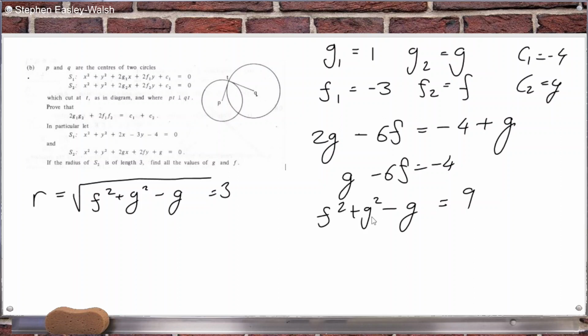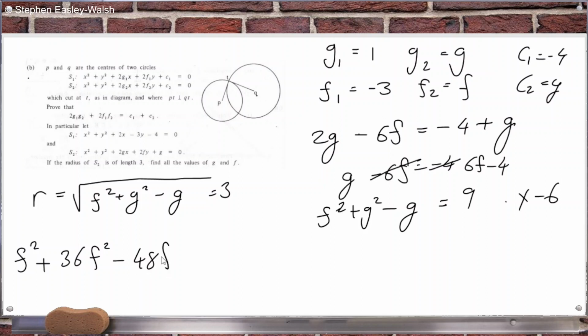Maybe it would be easiest to replace the f. Now if I multiply this by minus 6, oh no, that's f squared, isn't it? Okay, so maybe I'll just replace the g. So I get f squared, and then g is 6f minus 4. So f squared plus g squared, which is 36f squared minus 48f plus 16.